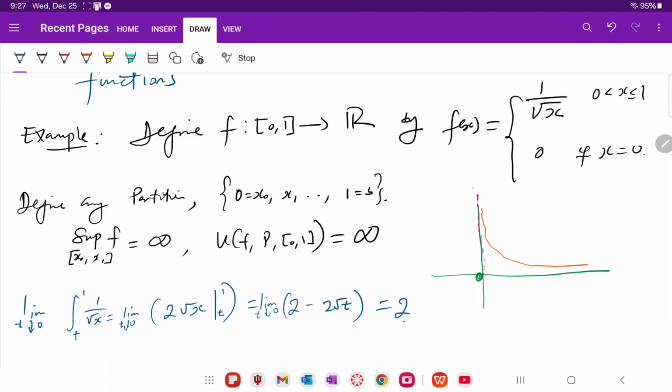So this can be handled by an improper integral, but by Riemann integration we see that it cannot be well handled, and that is part of the deficiency of Riemann integration.